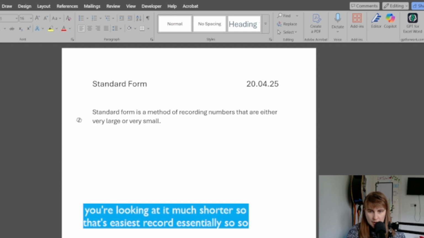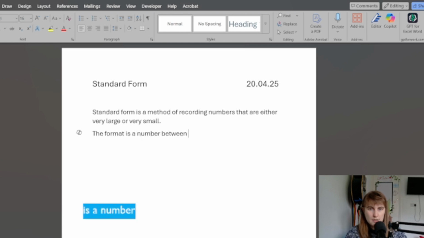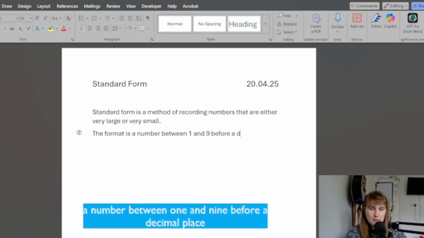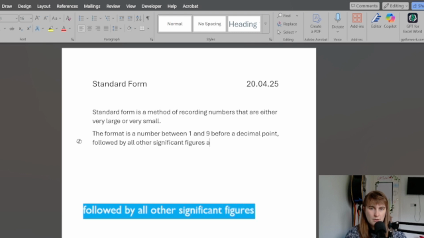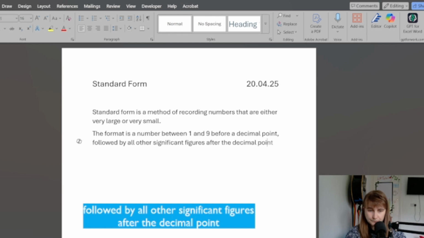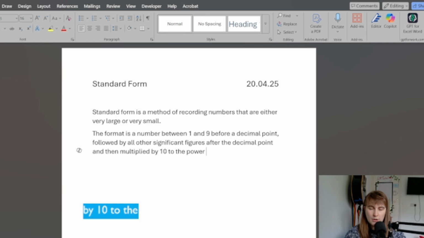So a couple of the rules with standard form, I'm going to add this in. So the format is a number between 1 and 9 before a decimal point, followed by all other significant figures after the decimal point, and then multiplied by 10 to the power of n.